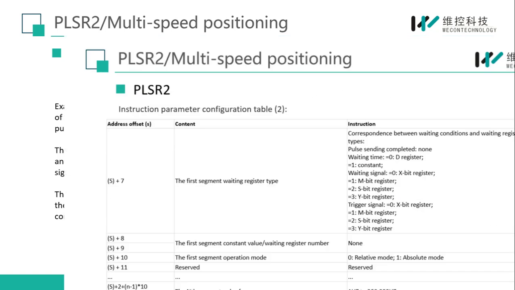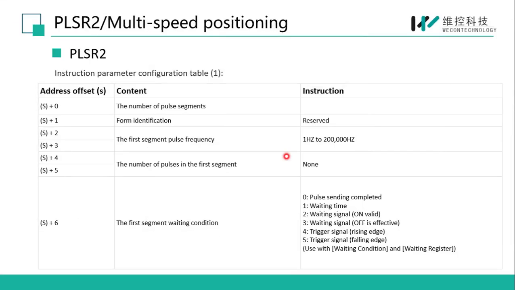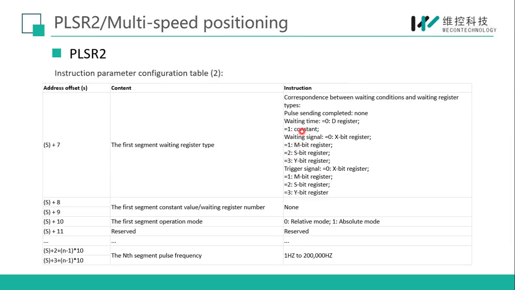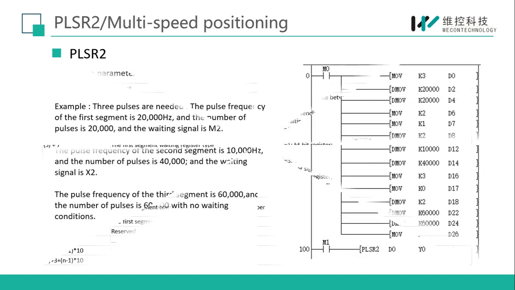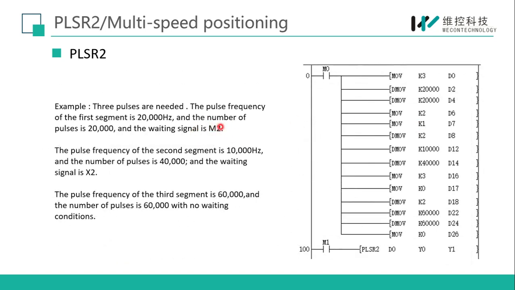So D7 is 1, so the signal register is from register M, and the register number is 2, so it's M2 here. This part is for the first segment.